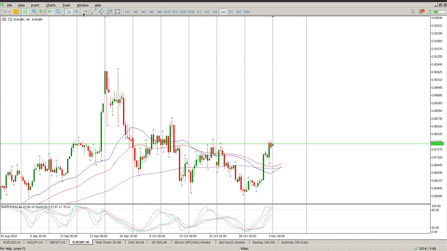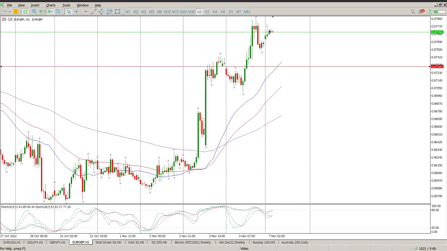And the only pullback that I can see that would offer some sort of support is here at 0.87300. If we just drop down, you can see we do have a fairly interesting zone here.